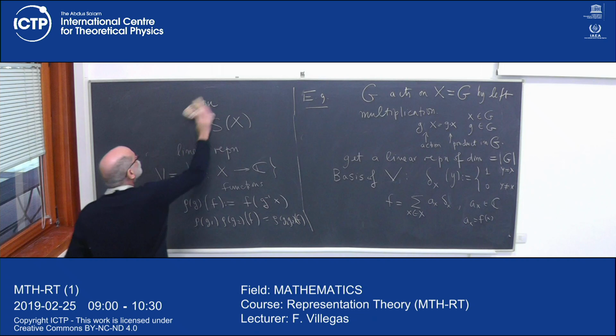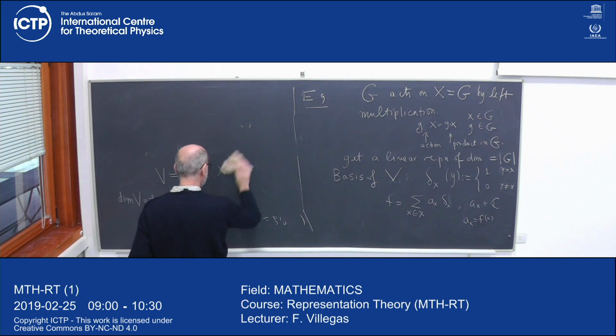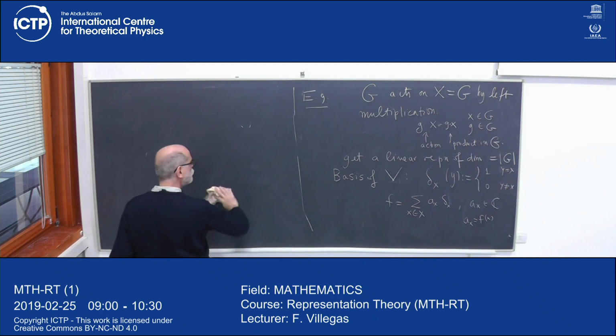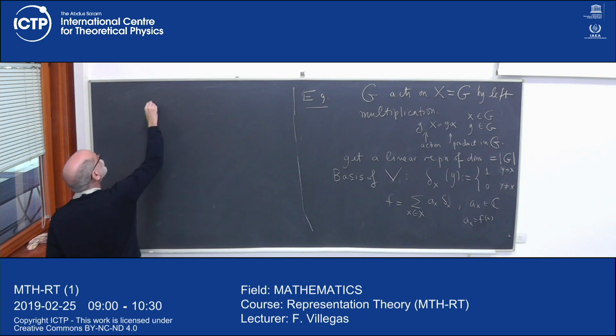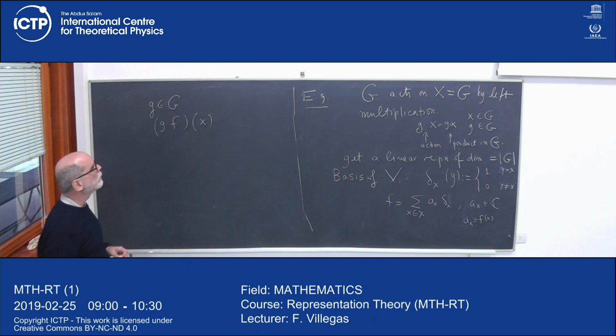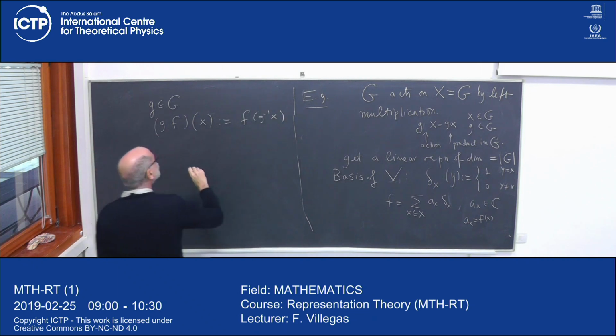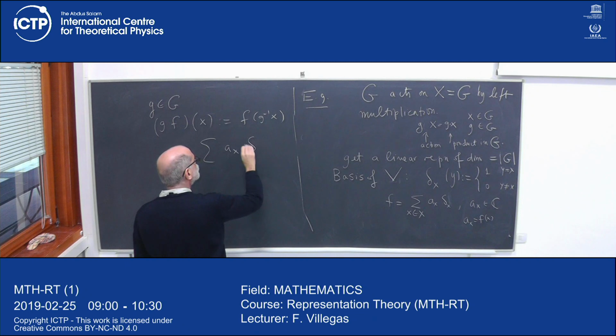So the thing to watch out for here: let's see what happens if I now act by a group element g. I do g acting on f, evaluated at x. By definition, this was f of g inverse of x. So this is the sum of a_x delta... sorry, I'm getting my x's mixed up. Let's call this y.